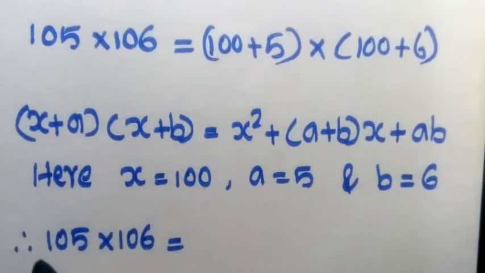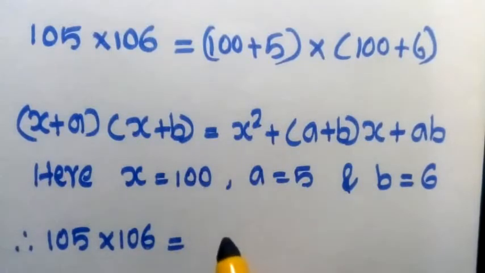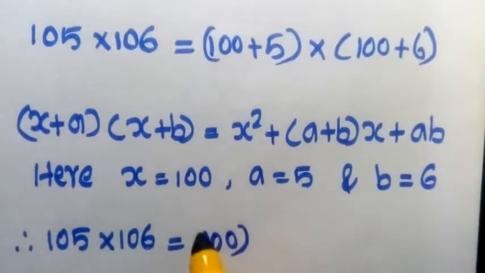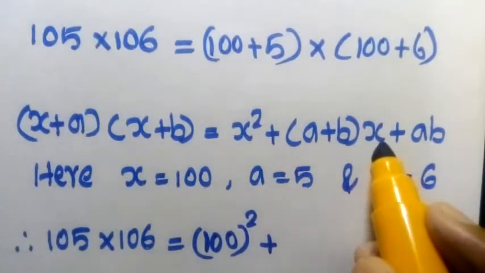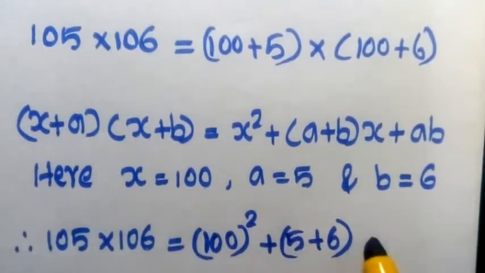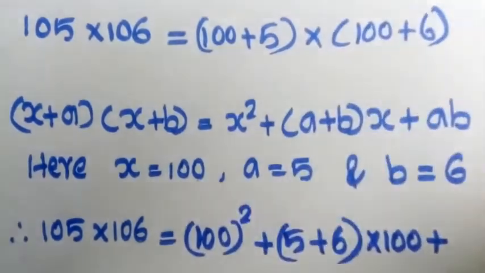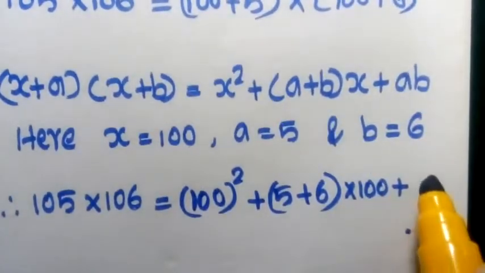Therefore, 105 into 106 is equal to x², x is 100, so 100², plus (a + b) into x, so (5 + 6) into 100, plus ab. ab means a into b, so 5 into 6.